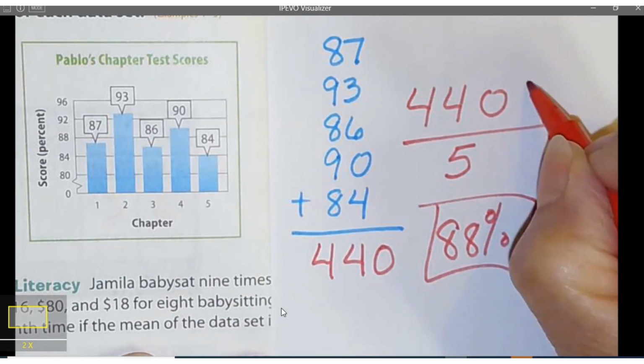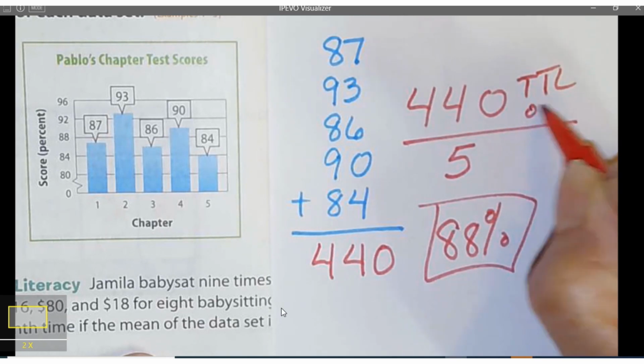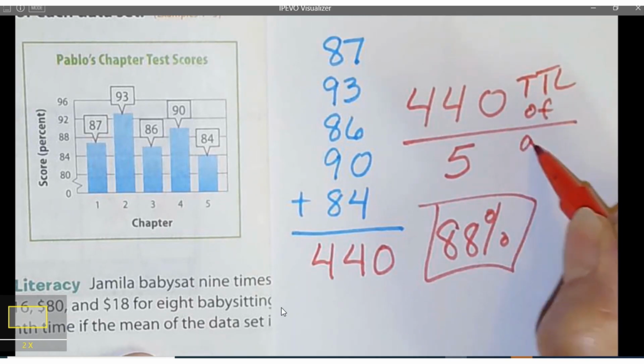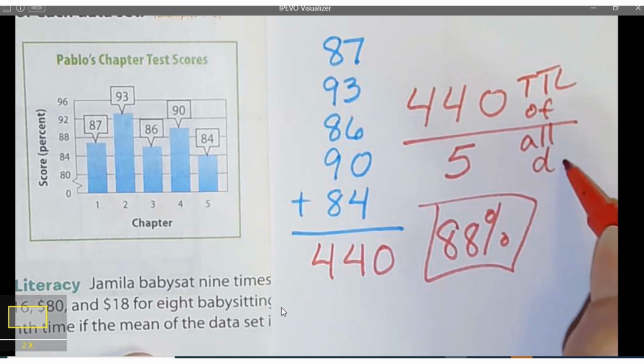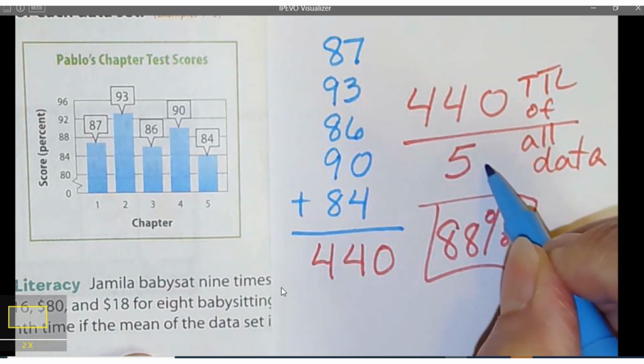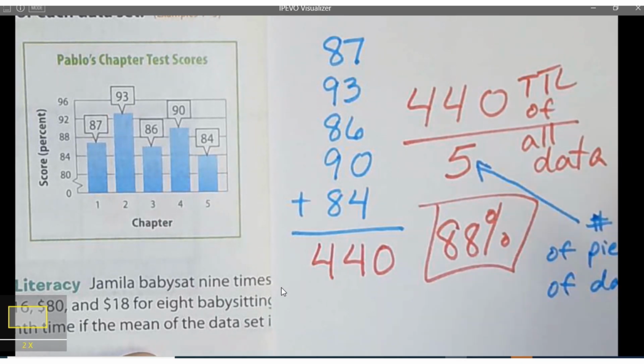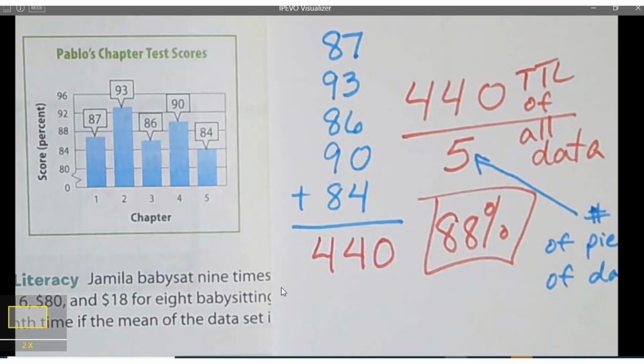So this is the total number here, the total of all data, and this down here in blue is the number of pieces of data.